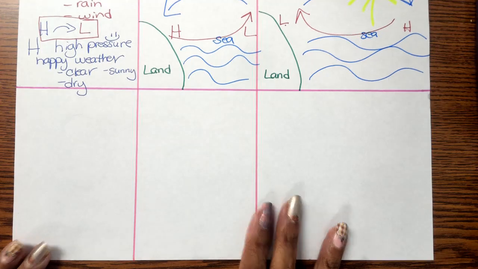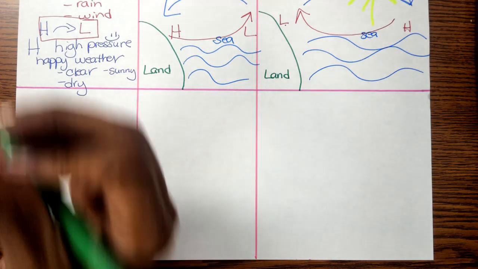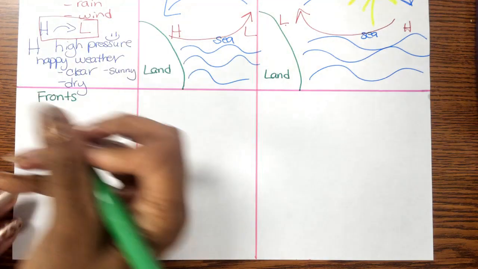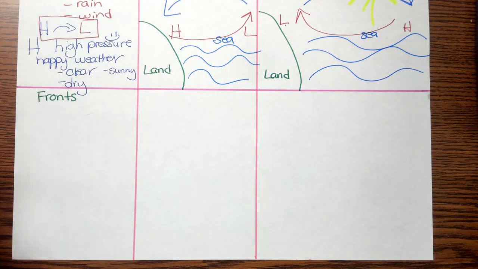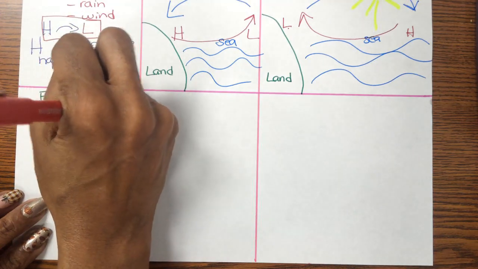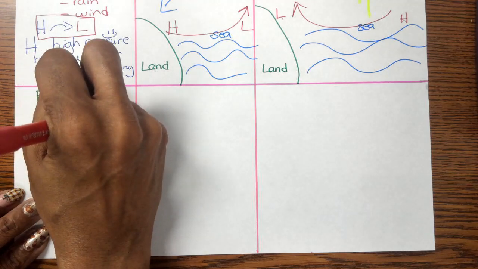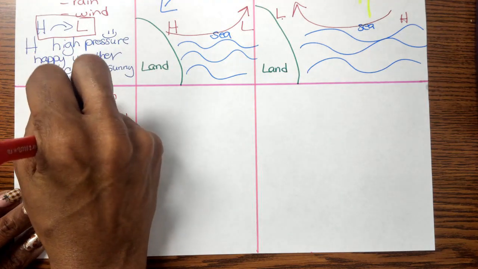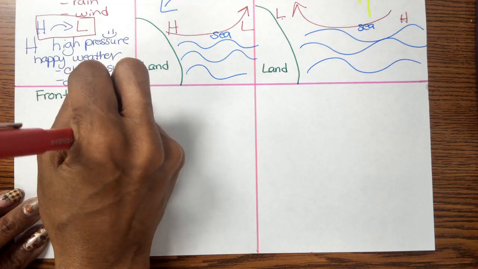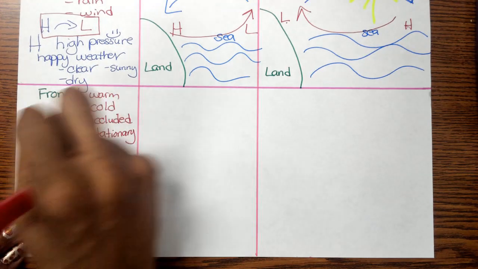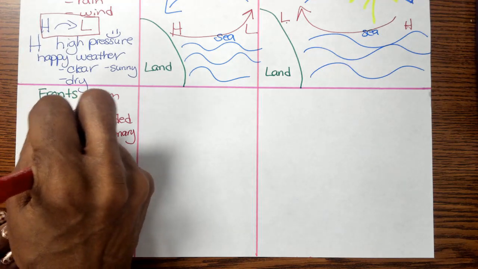All right, then we also talked about fronts. So you have a warm front. So there's 4 types of fronts. There's warm, cold, occluded, and stationary. Okay. So this is your warm front.